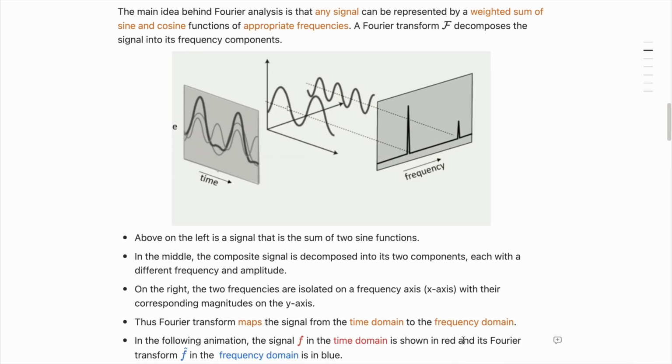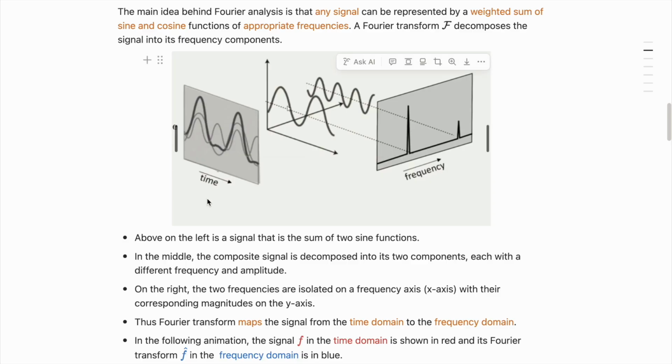The main idea that Fourier came up with that's really revolutionary is that any signal in nature, no matter how complex, can be represented as a weighted sum of sine and cosine functions of appropriate frequencies. And what the Fourier transform does is that it decomposes the complex signal into its frequency components.